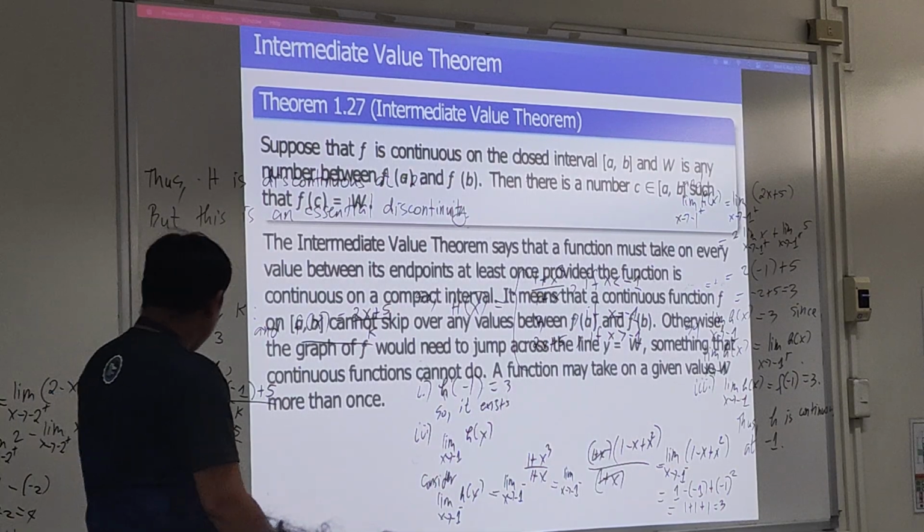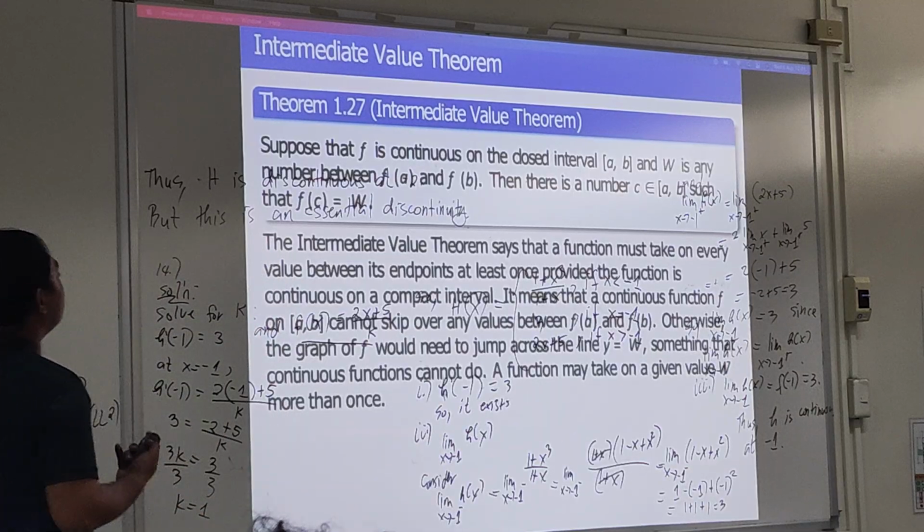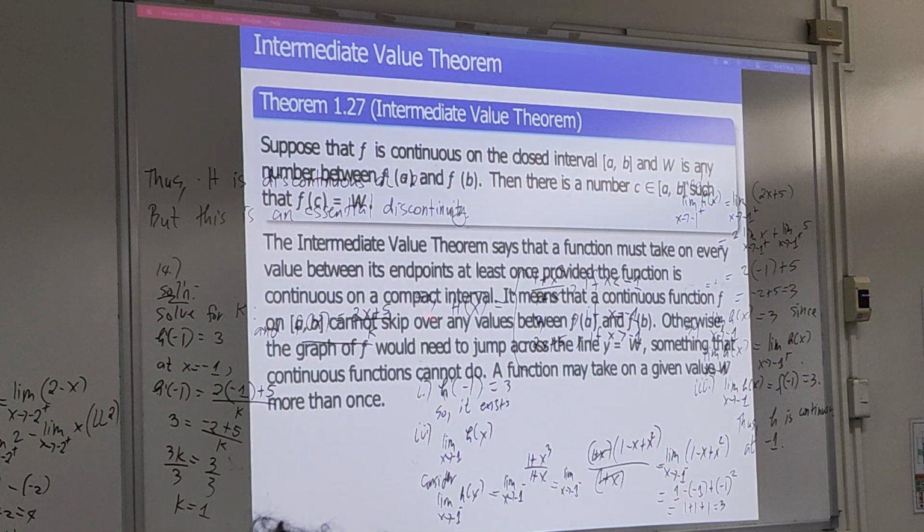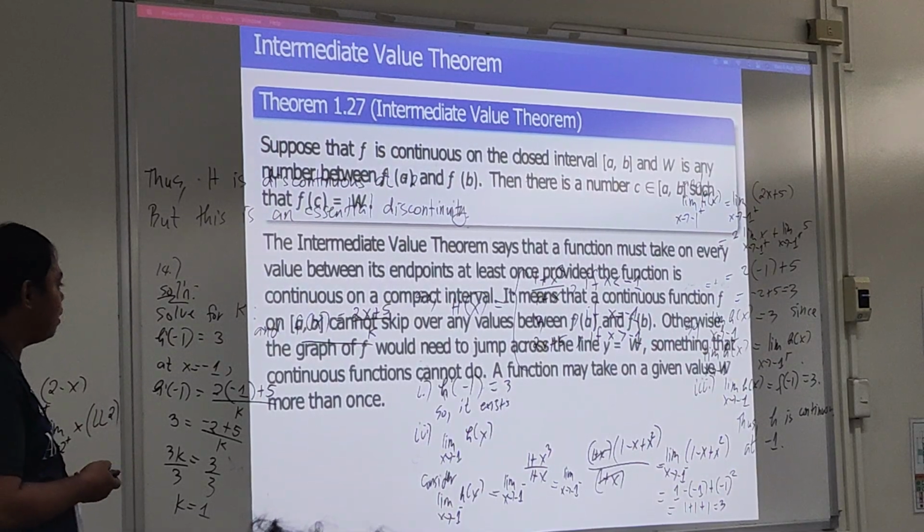The intermediate value theorem says that a function must take on every value between its endpoints at least once, provided the function is continuous on a compact interval.